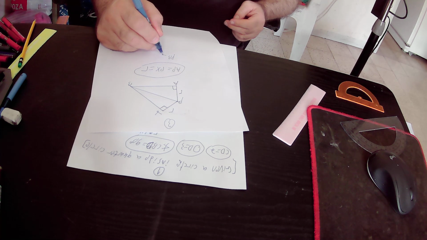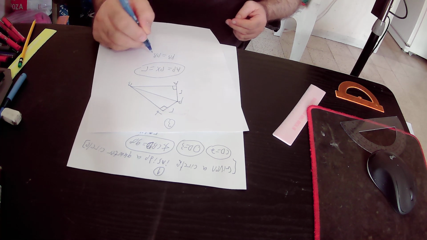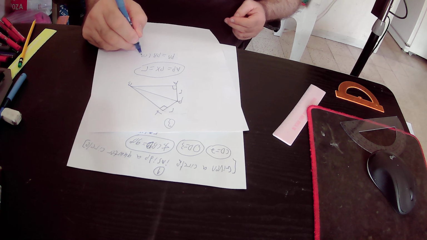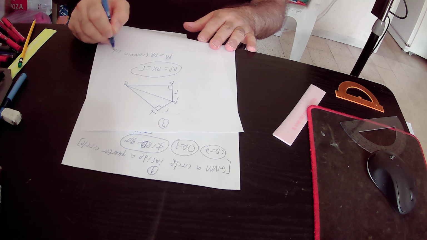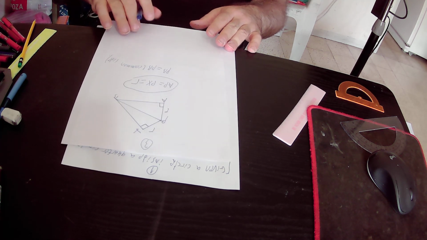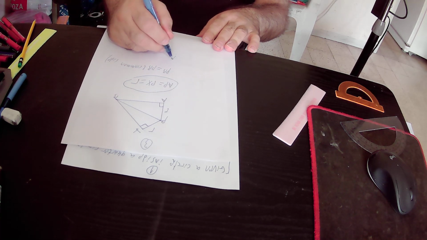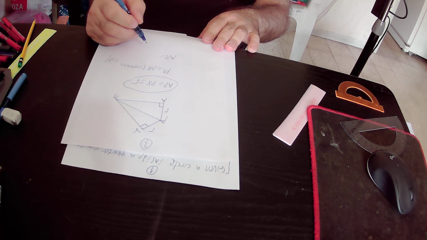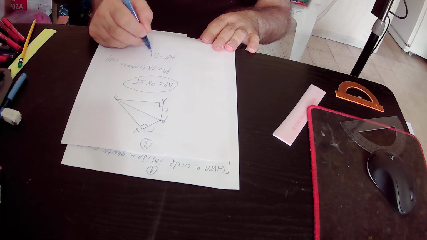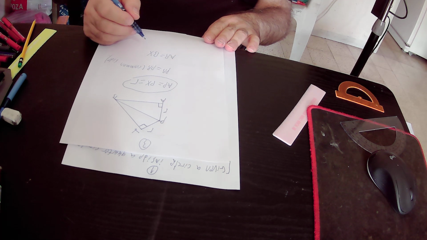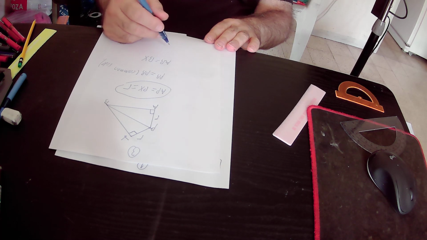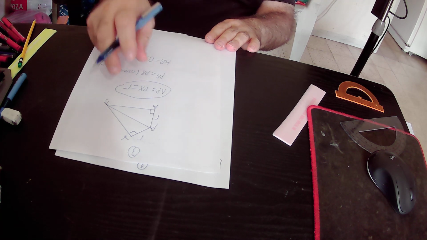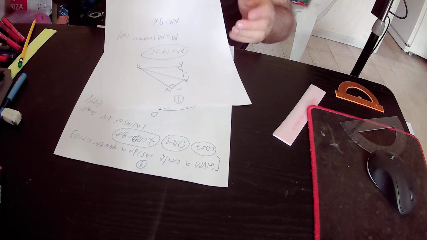So PB equals PB. It is a common side. And AB equals BX according to the two tangents theorem.